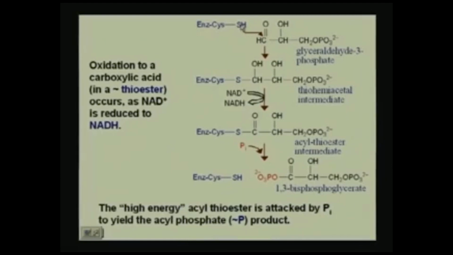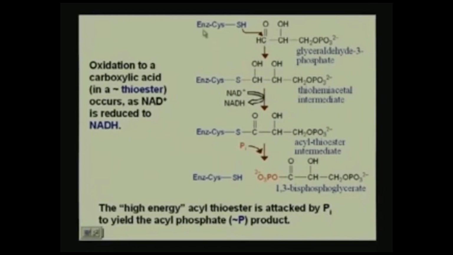Now what is happening here: this SH creates a thiohemiacetal intermediate by reacting with the aldehyde of the glyceraldehyde 3-phosphate. So this is our glyceraldehyde, carbon number 1, carbon number 2, carbon number 3, because remember, we have broken down our glucose into a 3-carbon system.